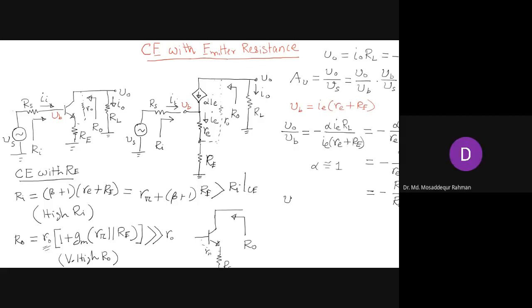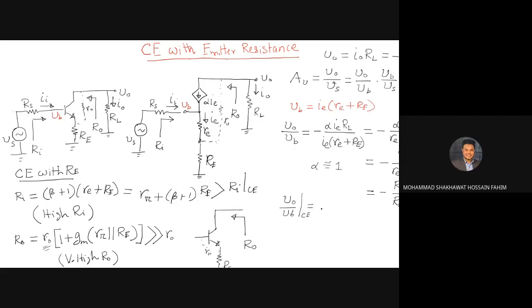V0 by VB. What is the gain expression if it is just for common emitter without emitter resistance? Do you remember?